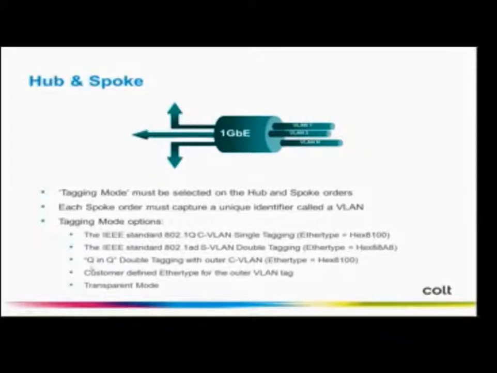But we allow the so-called Q-in-Q, so in addition he can mark the packets to divide some networks for his own, not just to mark where to go, but to do some segmentation of the line. So this is possible. If a customer is asking for Q-in-Q or double tagging, it's the same. It's possible with hub and spoke.